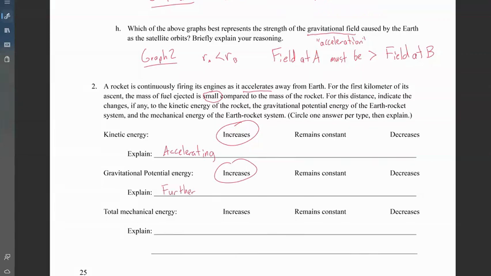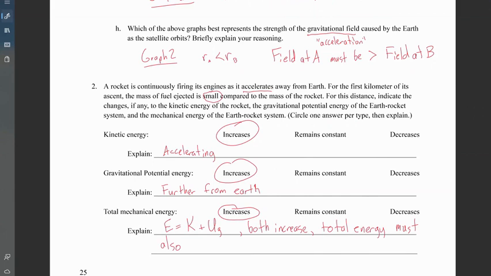And if both of those types of energy are increasing, that can only mean one thing for our total energy: increasing. Because the energy is kinetic energy plus the gravitational potential energy. If both increase, total energy must also. And that's really all you'd have to write.